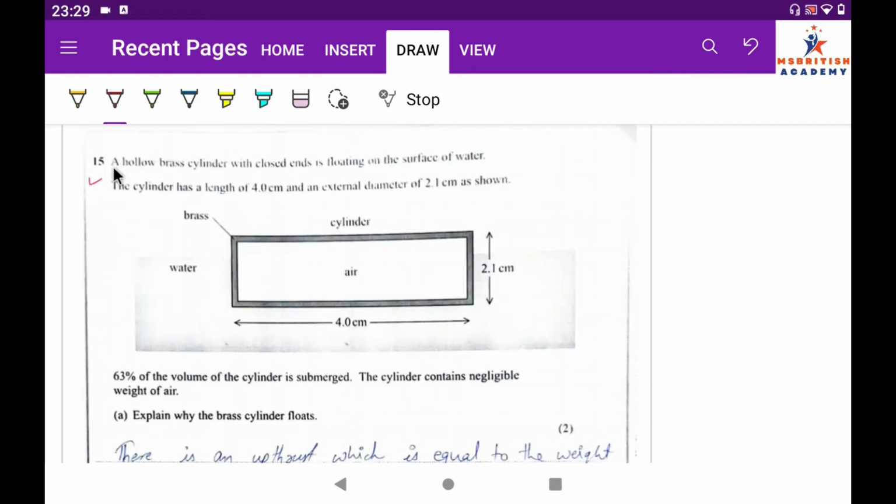Number 15. A hollow brass cylinder with closed end is floating on the surface of water, and the cylinder has a length of 4 centimeter and external diameter of 2.1 centimeter as shown. Okay, this is the brass material and the cylinder.